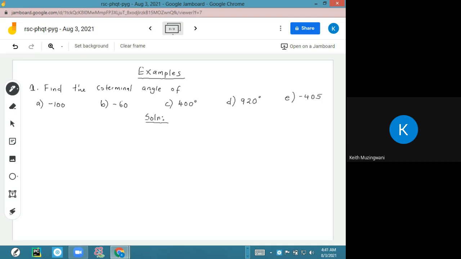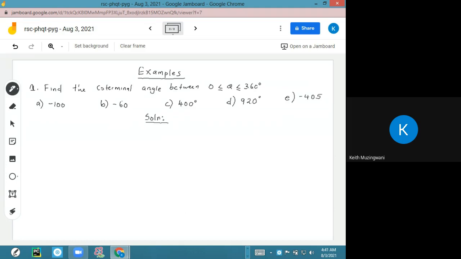What are we looking for? We're looking for coterminal angles. And what are coterminal angles? Whenever they ask you for the coterminal angles, they'll give you an interval where they must fall, because there are so many. So find the coterminal angles. Let me give an interval: between 0 less than theta less than 360.